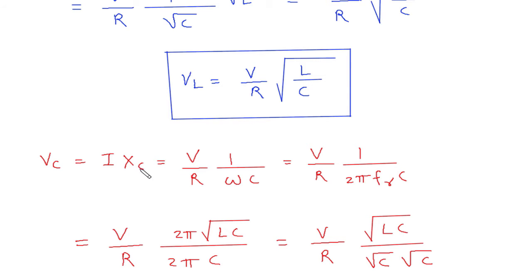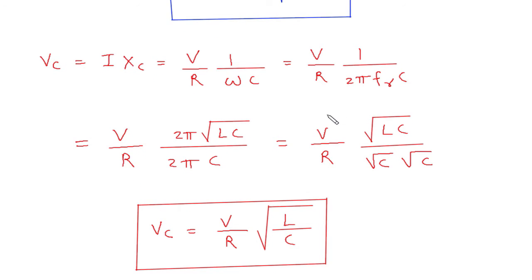And this XC, capacitive reactance, is equal to 1 upon omega C. Now this is equal to V by R into 1 upon 2 pi Fr C. This omega is 2 pi Fr because the circuit is in resonating condition, so the frequency F is equal to Fr, the resonance frequency.